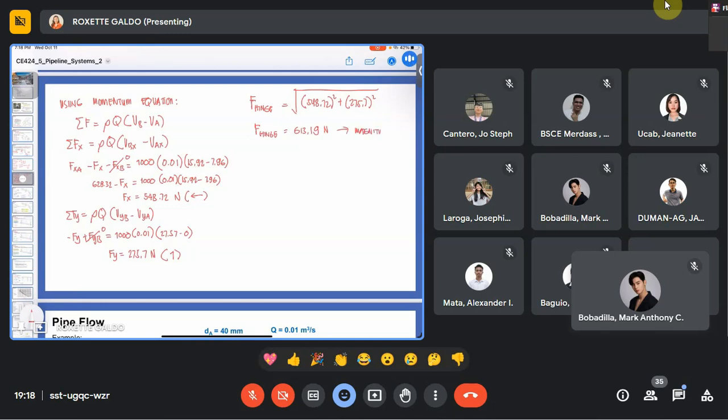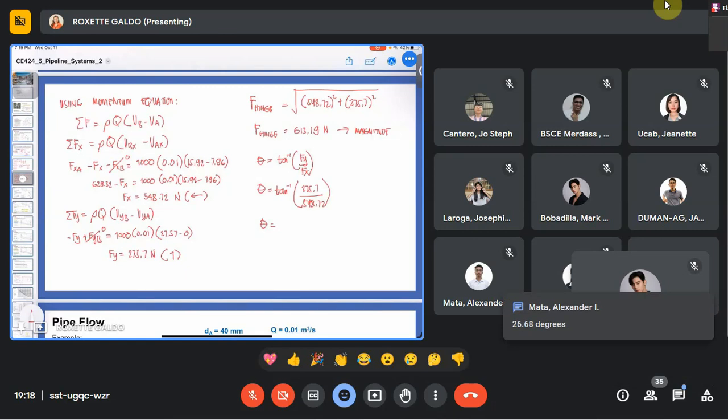Now, we are also asked for the direction. So we are going to use theta is equal to tangent inverse of Fy over Fx. So theta is equal to the tangent inverse of 275.7 over 548.72. Therefore, theta is 26.68 degrees.